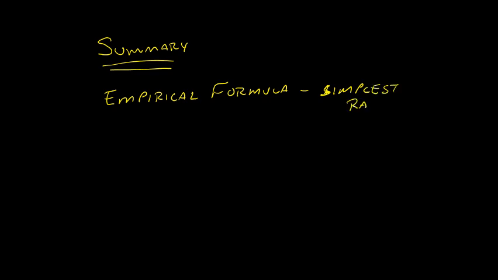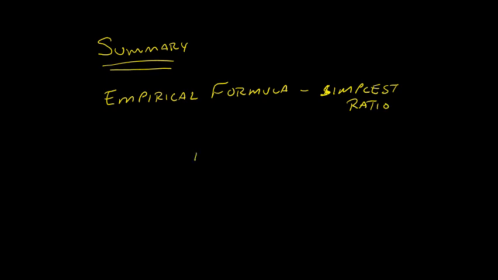Okay, so this is a pretty short video. Basically, we're just talking about the definition of empirical formula, which is the molecular formula for a compound expressed in the simplest possible ratio of atoms.